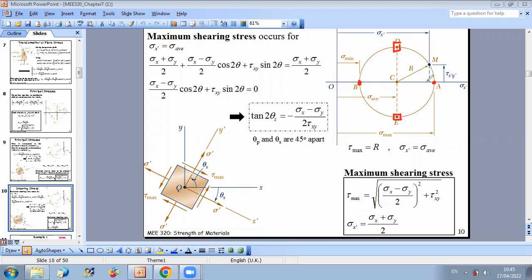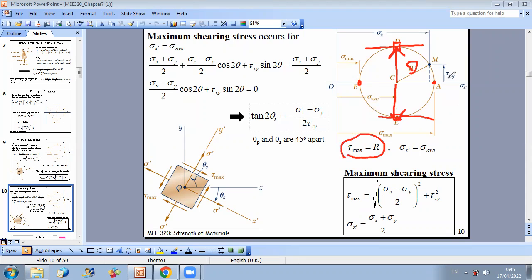If you look at the figure here, it's clear that the maximum shear will occur at points D and E. And the value of shear is just equal to the radius of the circle. So we can say that the maximum shear stress is equal to the radius of the circle.